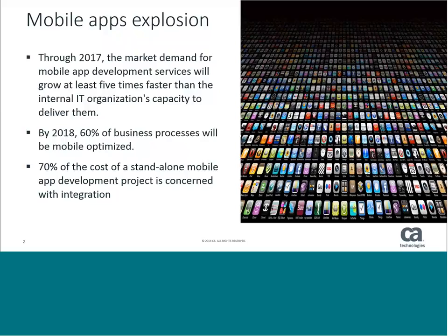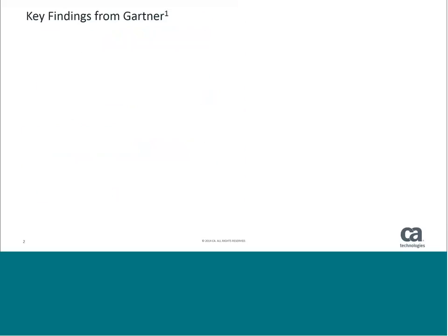And then 70% of the cost of a standalone mobile app development project is related to integration, and this is a broader term. Integration is very loosely used by a lot of different vendors and analysts in a lot of different ways. So as we go along, we'll also understand what integration actually means to a mobile app. Is it always about getting data from back-end systems, or is it more than that? We'll talk about that as well.